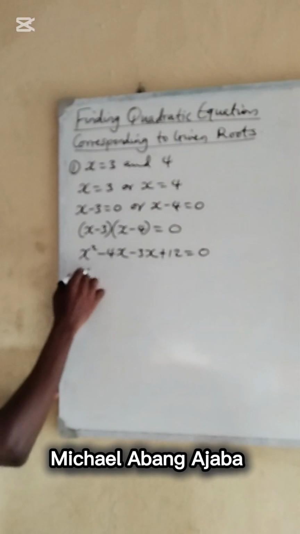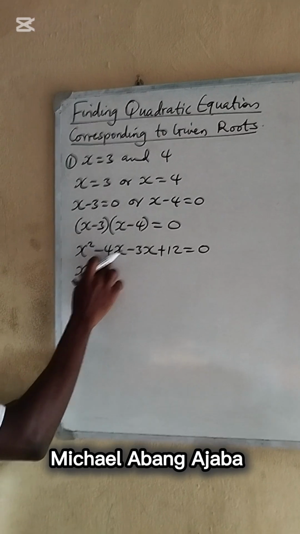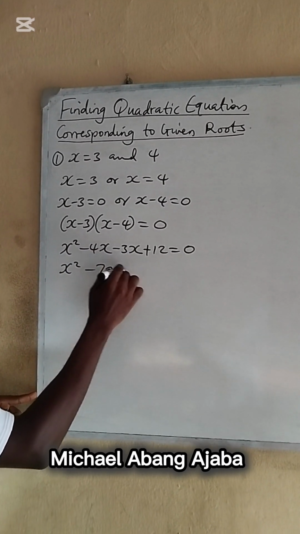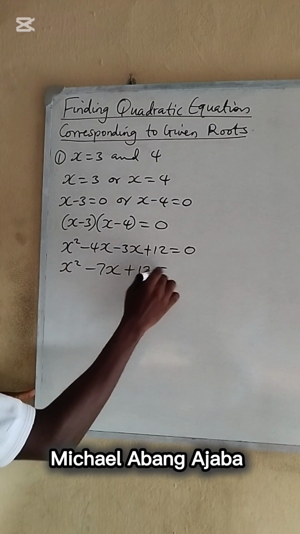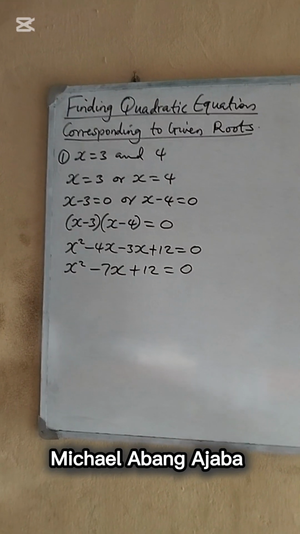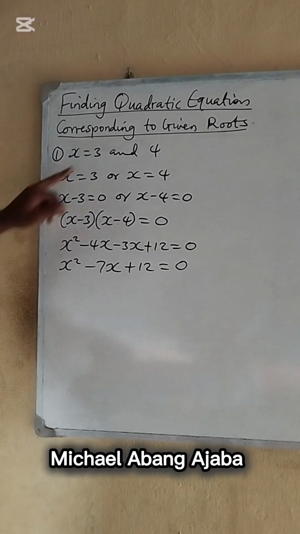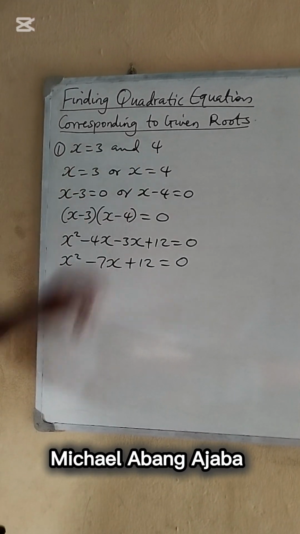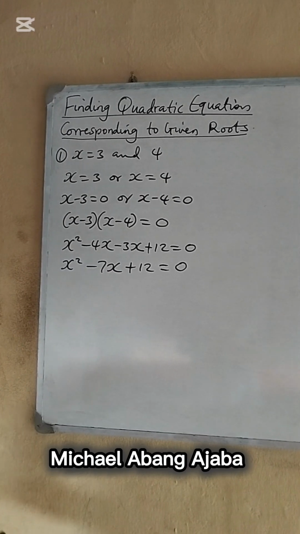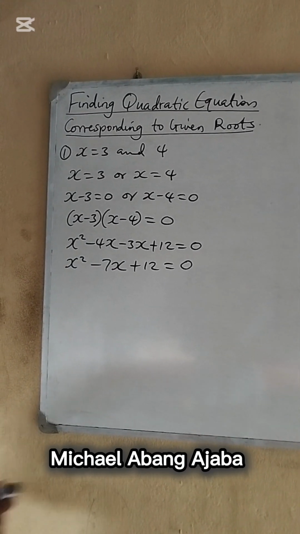Here we have x squared minus 4x minus 3x, which is minus 7x, plus 12 equal to 0, meaning the quadratic equation whose roots are 3 and 4 is x squared minus 7x plus 12 equal to 0.